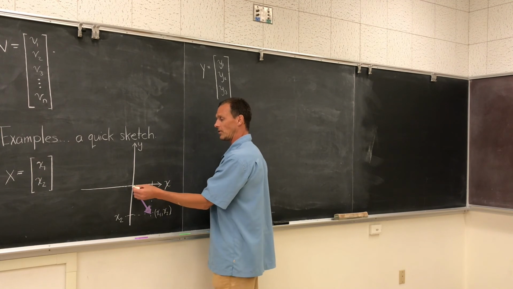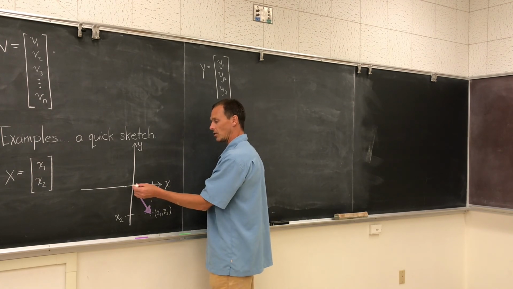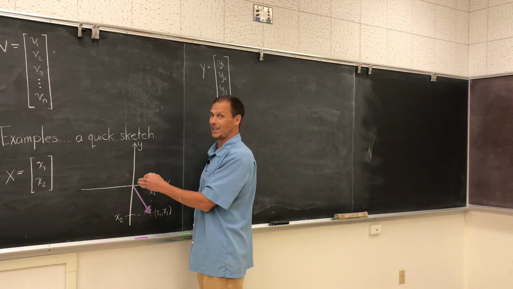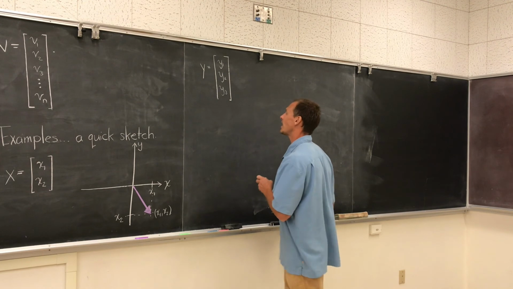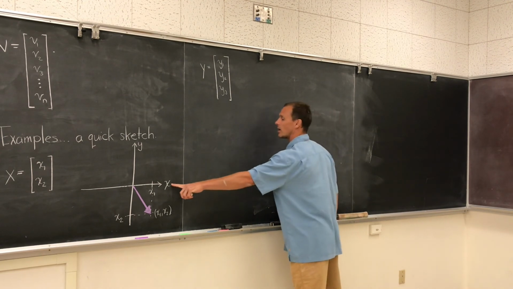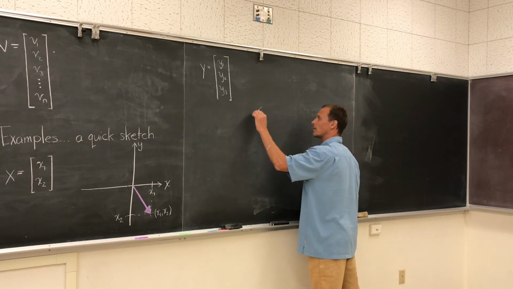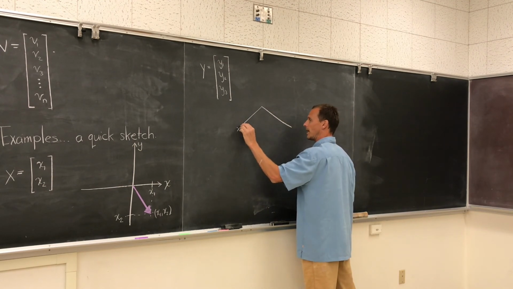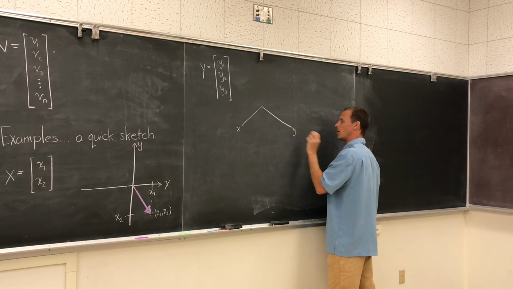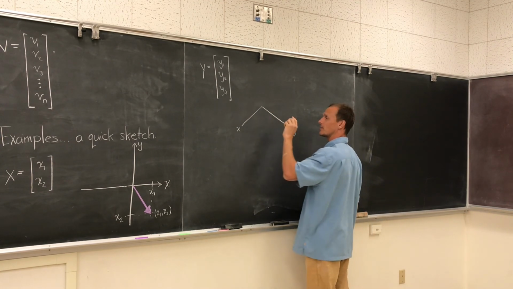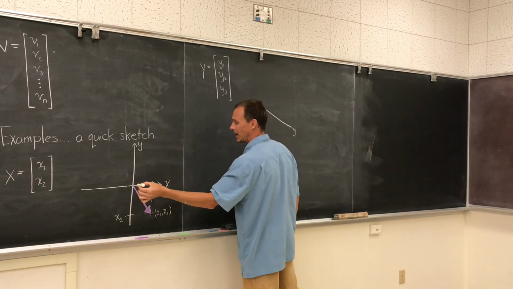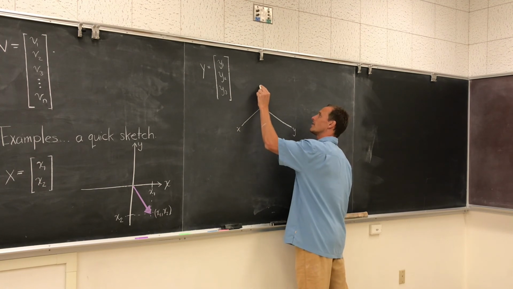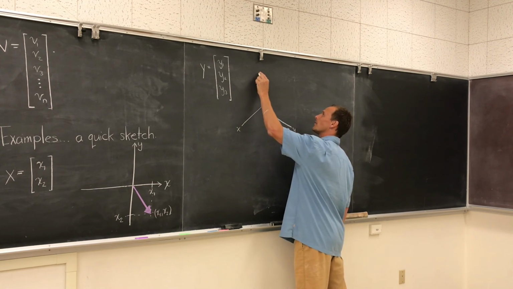Well, you need to add a dimension to it. So you could think of it as something coming directly out of the board and going directly into the board. So here's how we sketch this. We take our x and y and we draw them at this angle. There's my x-axis, here's my y-axis, and then the part that would be coming out of the board or going into the board is the z-axis, and that we represent by going up.